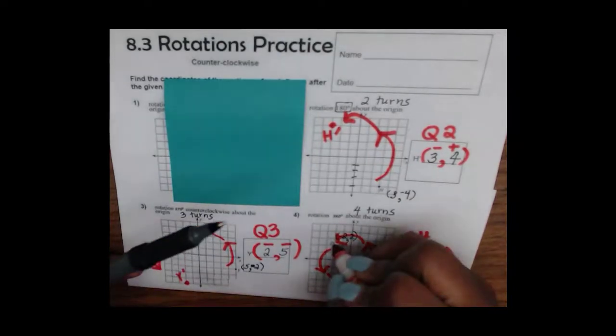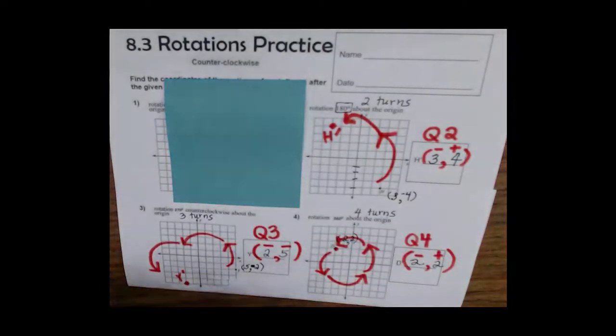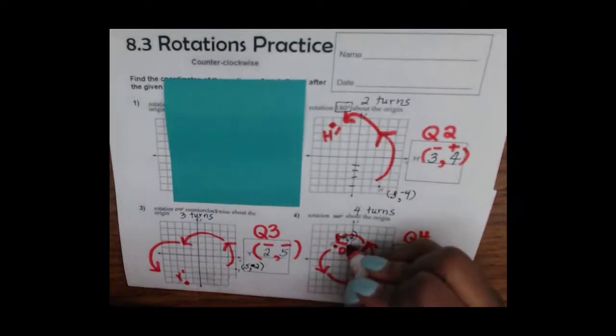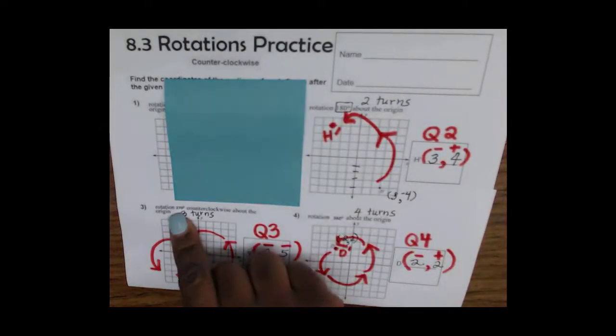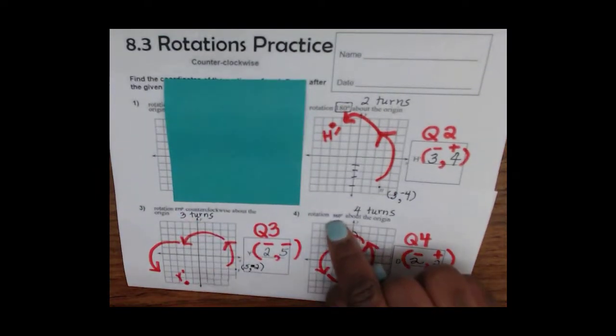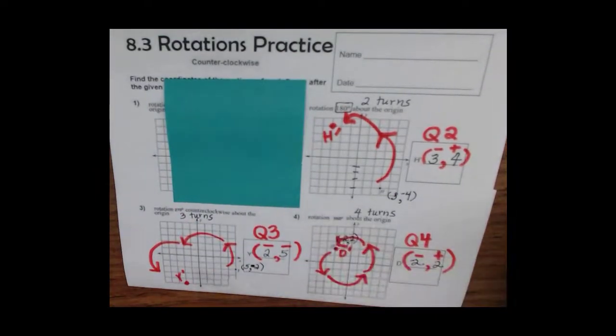So we'll just place a dot right over that regular D and make sure we write D prime. And there you have an example of a 90-degree counterclockwise rotation, 180-degree counterclockwise rotation, a 270-degree counterclockwise rotation, and a 360-degree counterclockwise rotation.